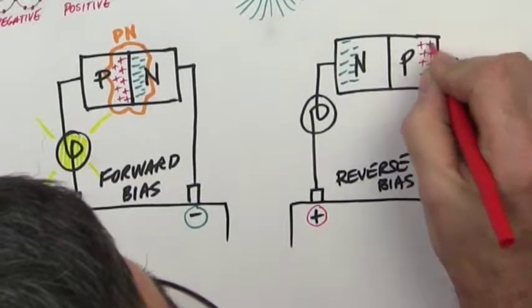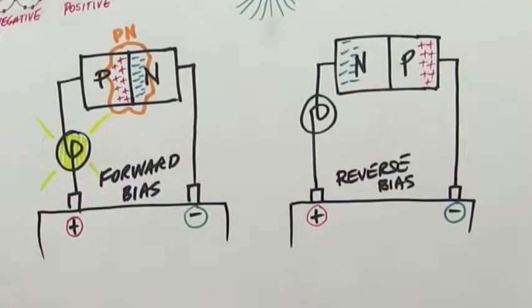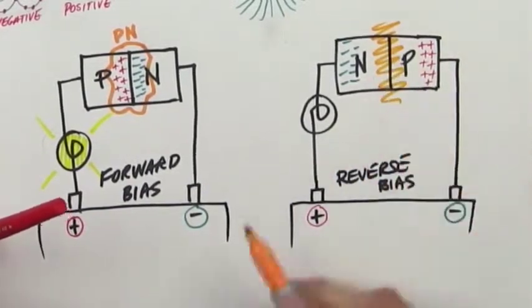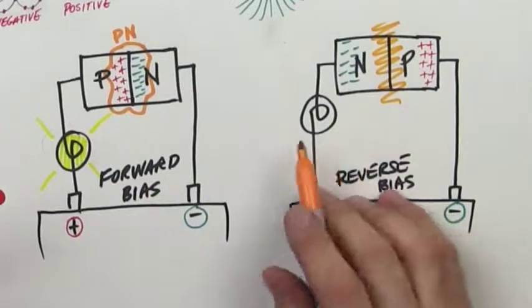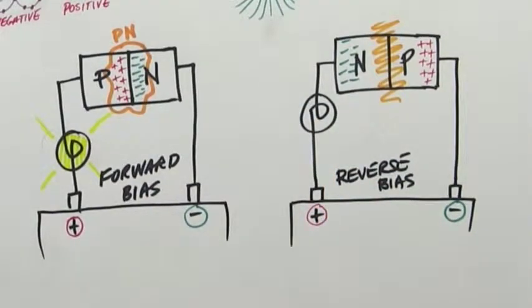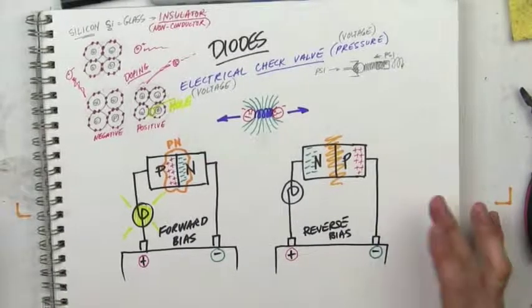Right? So now, this P-N junction is just kind of not there. And the light bulb turns off. That's it. Right? Okay? That's it.